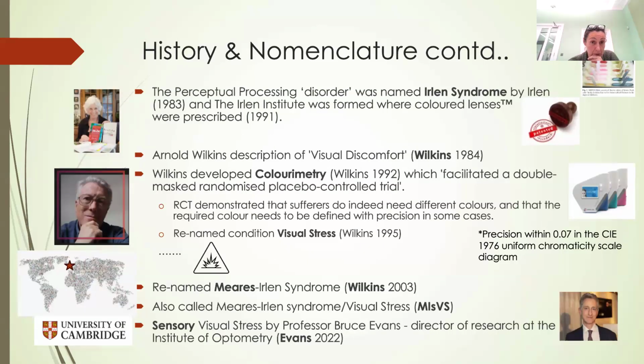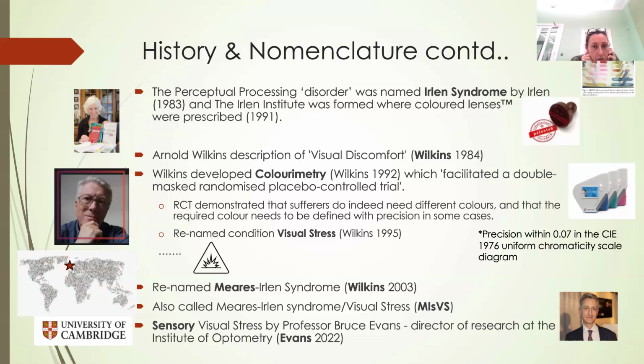Then the perceptual processing disorder was named Irlen syndrome, the Irlen Institute was formed in 1991, and coloured lenses were trademarked. But the diagnostic and scientific background to how the colours were working wasn't backed up with much evidence initially.